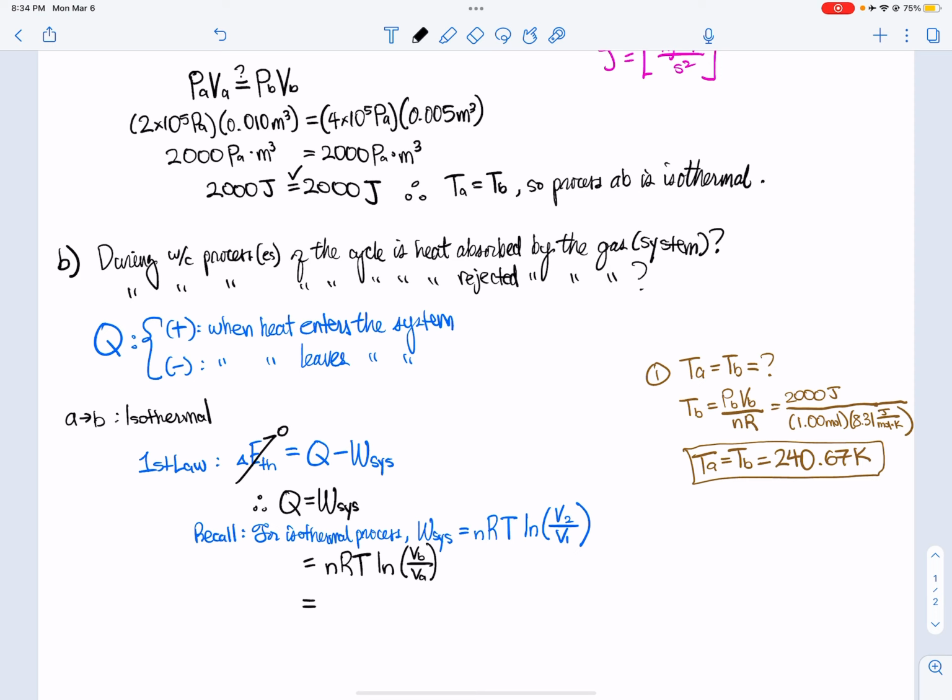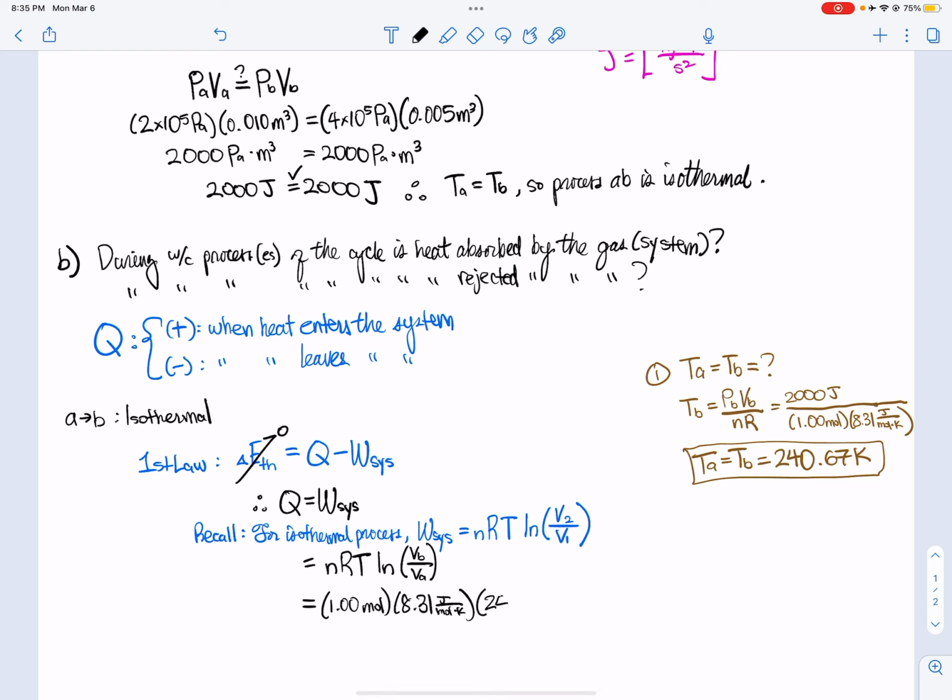So let's plug in the values here. n is 1.00 moles. R is 8.31 joules per mole times Kelvin. T, we just solved in side mission number 1, right here.